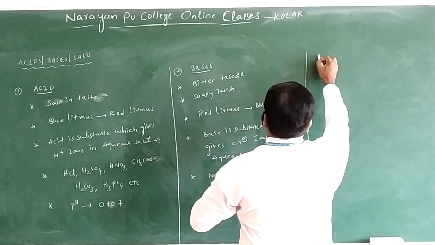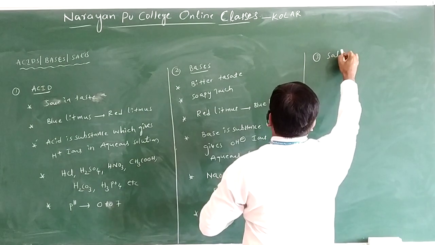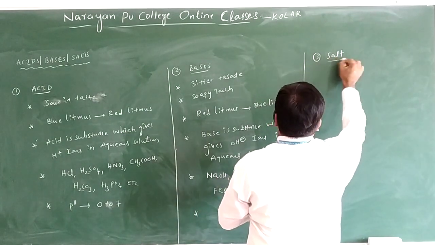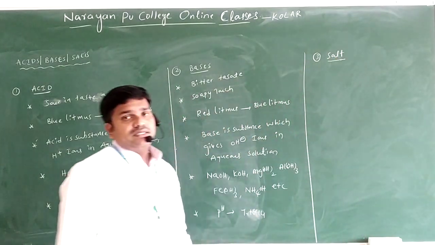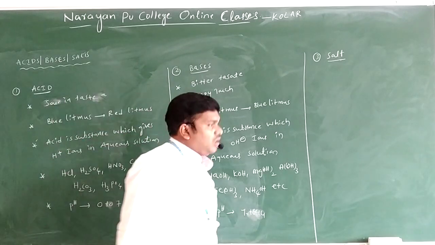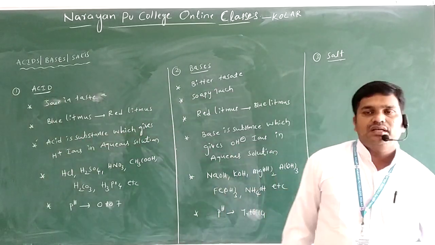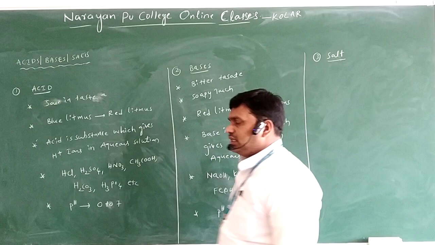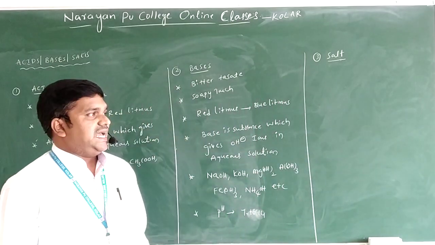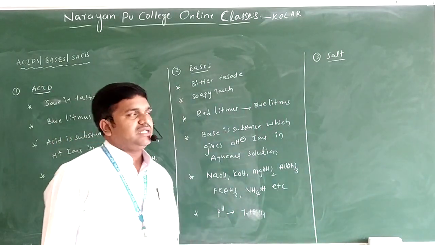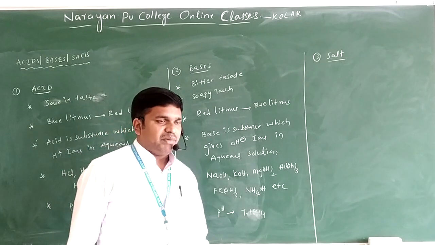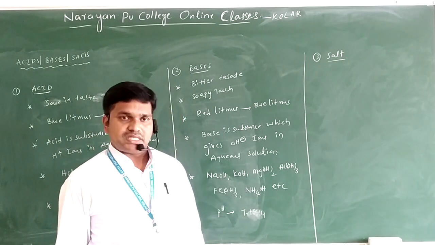Now we have one more, that is salt form. Okay, salts. Generally, how are the salts formed? Generally, salts are formed by reaction between an acid and base only. Clear? When acid and base combine together, they form salts only.